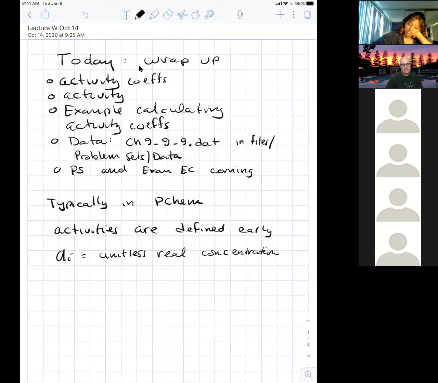In DeVoe's treatment, they take a different tack in that they define things thermodynamically exactly, and then we say that the chemical potential in an ideal system exactly depends upon the mole fraction. And then we start applying real systems to that.